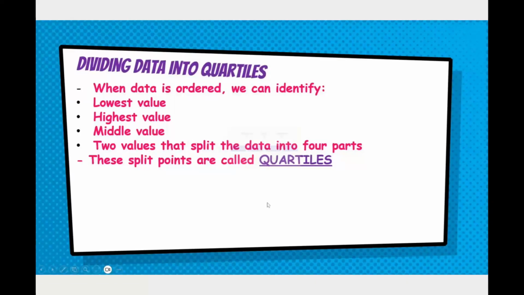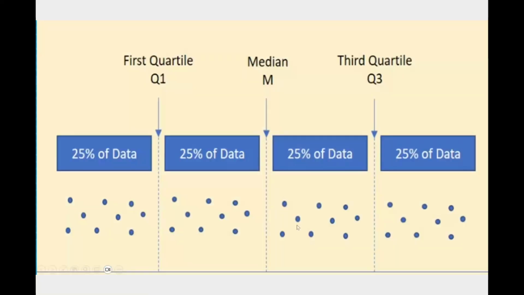These split points are called quartiles. They look like this. Over on the far left we would have our minimum, and then Q1 is right here. Notice 25% of the data, the smaller data values, are to the left of Q1, and so to the right of Q1 would be 75% of the data values.